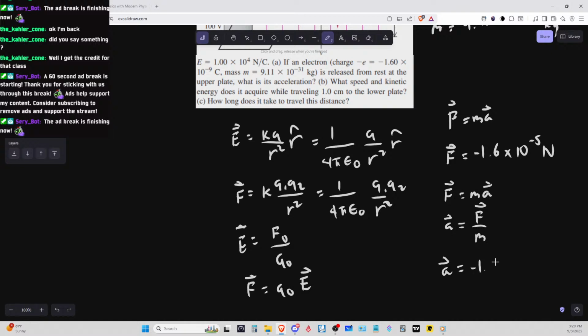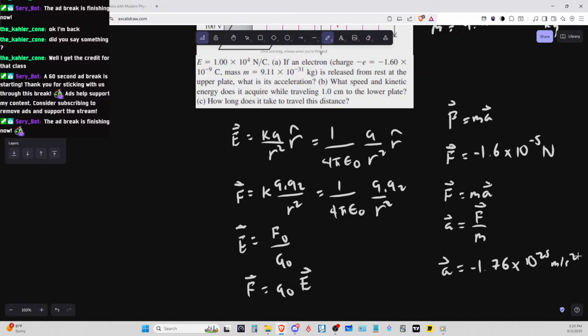Negative 1.76 times 10 to the 25 meters per second squared.